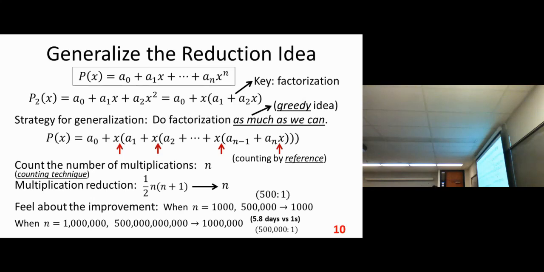Any question about our first example? Problem number 1. And this smart algorithm, we call it Horner's rule. That's a famous rule.